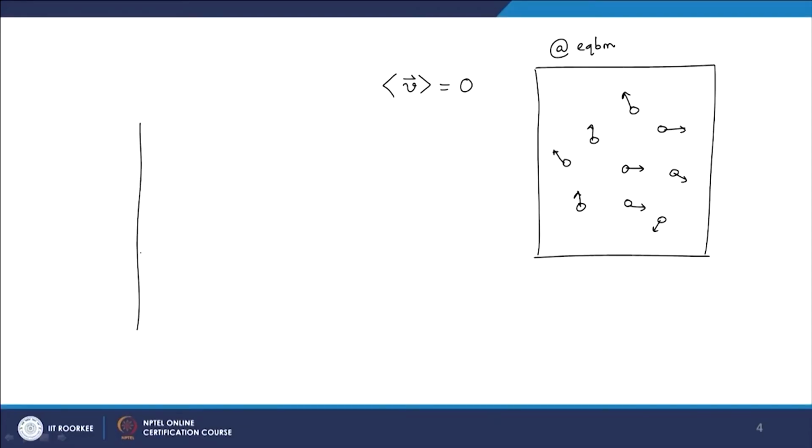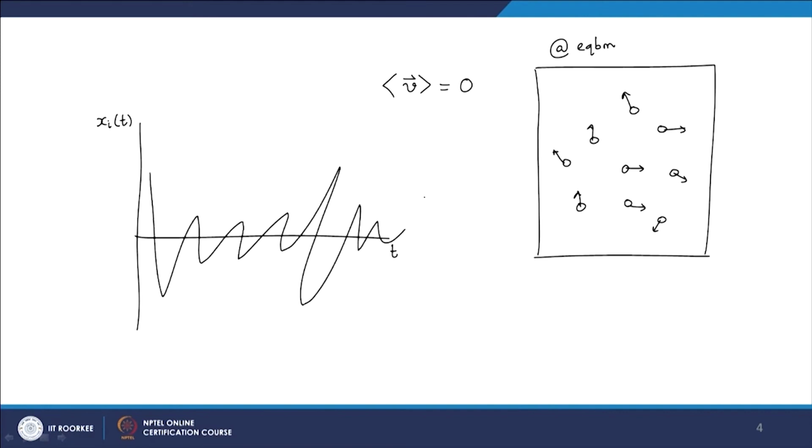Okay. And I am talking about any thermodynamic property here; it would appear to us that any quantity that we look at tends to fluctuate around some mean value, let us call it xi bar.